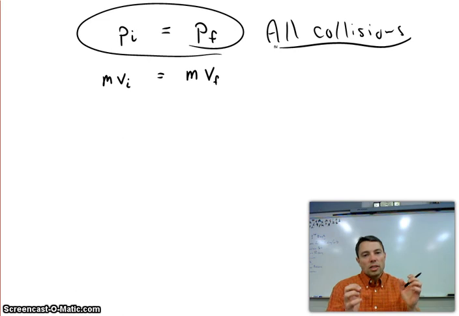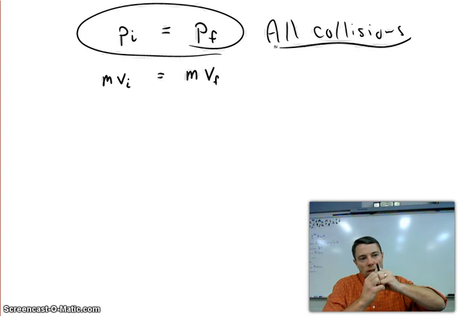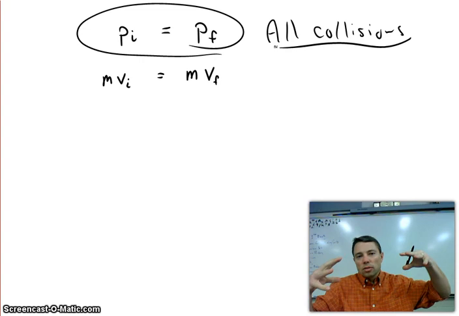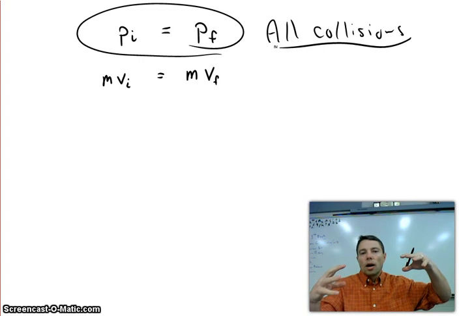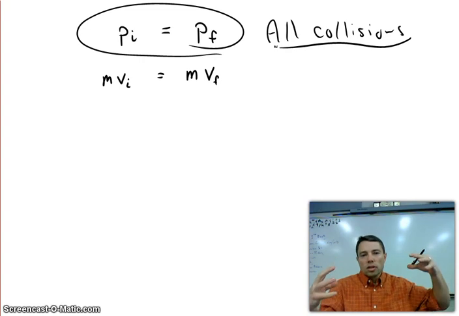We were conserving energy. Now we're conserving momentum. If the collision itself is perfectly elastic, in other words, as the two objects come in contact with each other, even if they seem like they squish together, as long as they spring back into the same shape, we consider that to be an elastic collision.